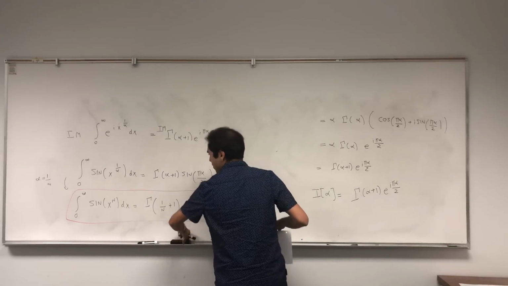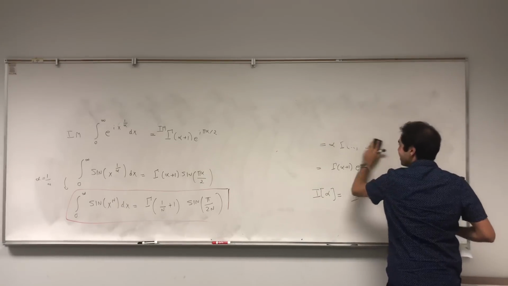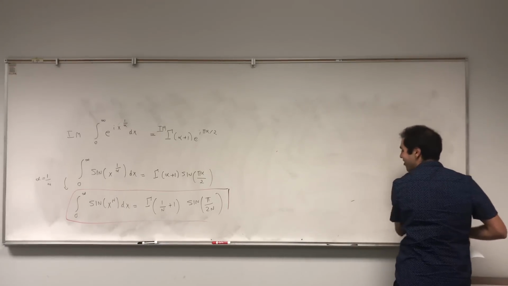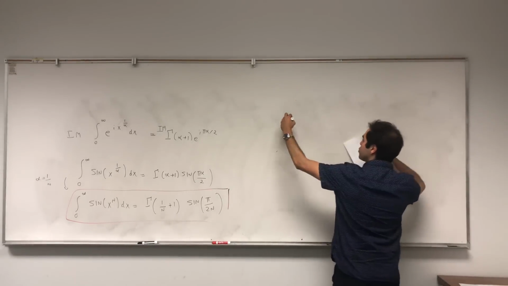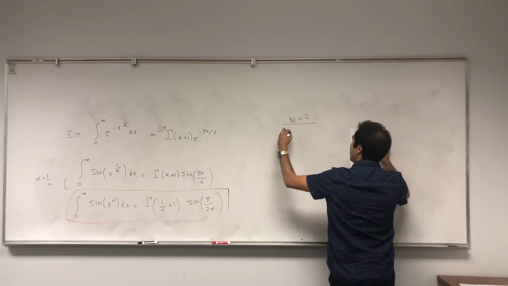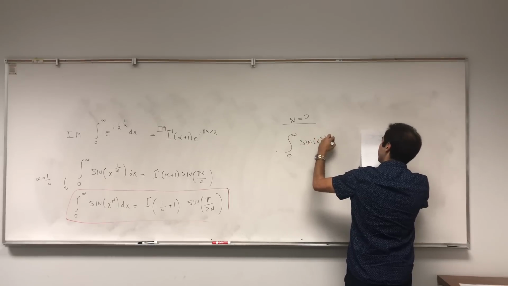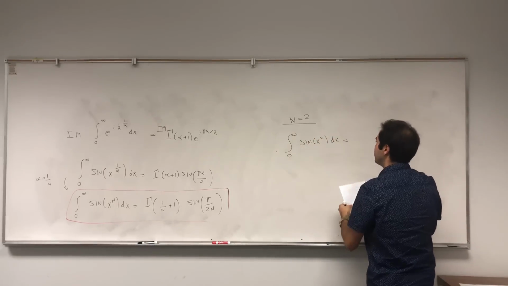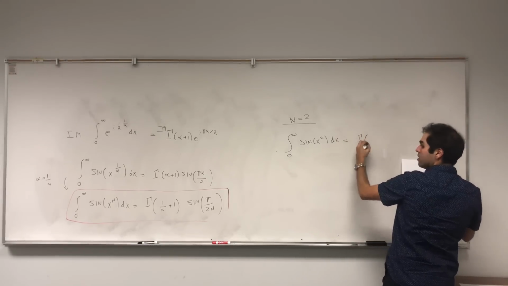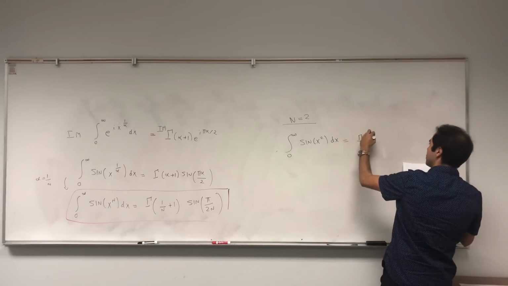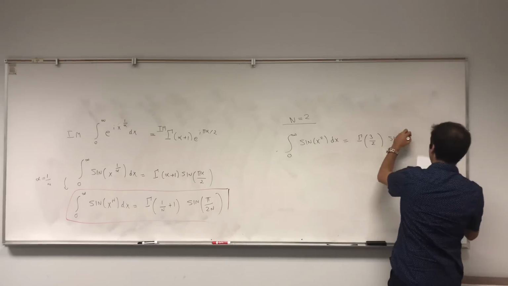And lastly, in case you're skeptical, first of all, as I said, n has to be greater or equal to 2. Otherwise, you would get a wrong identity for sine. But just to double check if it's the same thing with n equals 2 that I did in a previous video, this says that the integral from 0 to infinity of sine of x squared dx is gamma of, in this case, 1/2 plus 1, so 3/2, sine of pi over 4.